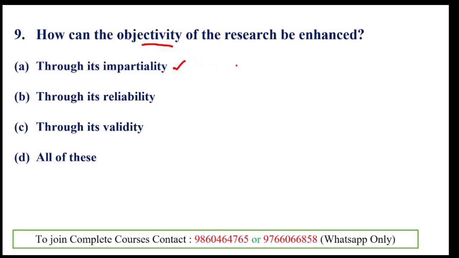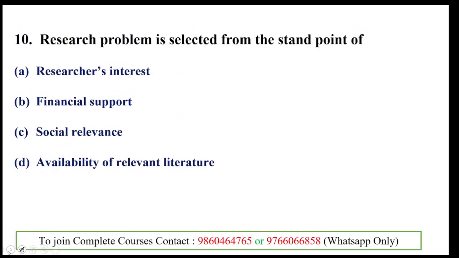There must be no partiality or bias. Clear? And reliability, validity. So all are related to the enhancement of objectivity. Clear? Option D is the right answer. And next one, research problem is selected from the standpoint of.